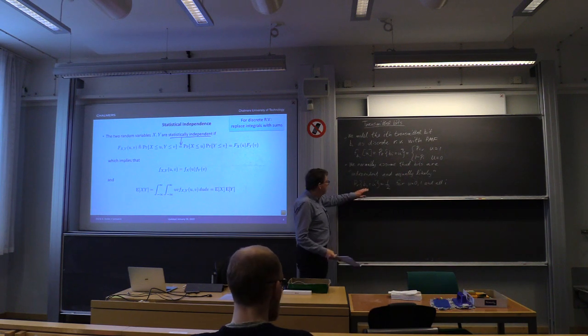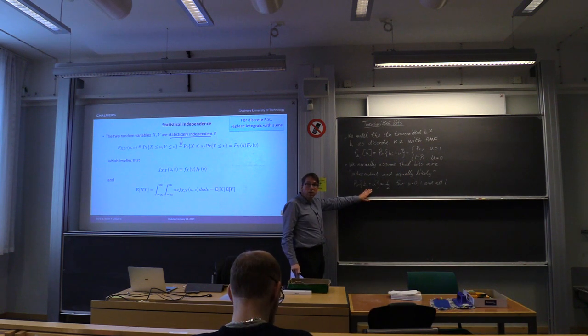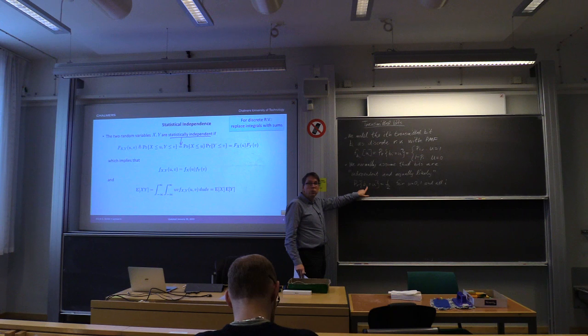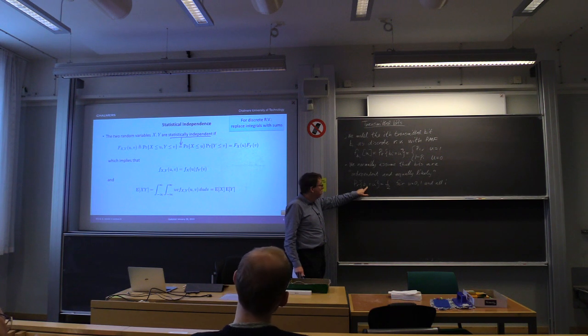So this is the equally likely thing. And also, since there is no time dependency, it doesn't matter which time index we look at. It means that all the bits are the same, so they're identically distributed.